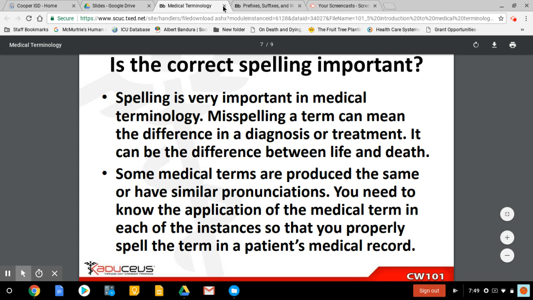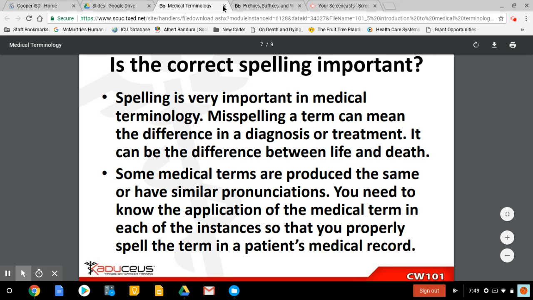So we have to be very careful about our spelling and understanding what is being said, because it can determine treatment, surgical procedures, and diagnosis, and it could even cause someone to get the wrong treatment and die. So we have to understand not only how to spell, but what they mean.